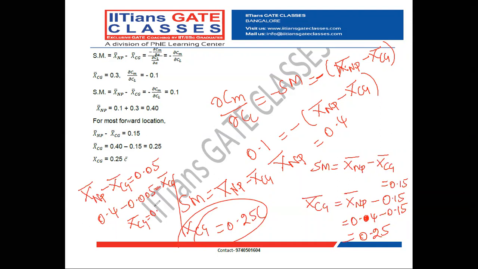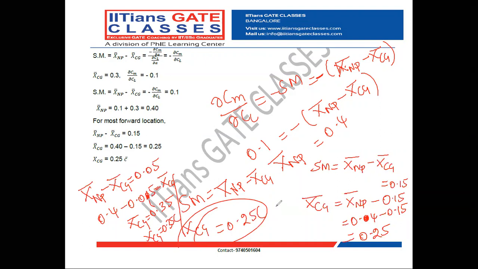It's not 0.005, it is 0.05. So xcg bar is 0.35. So with respect to chord, it is at 0.35 C.